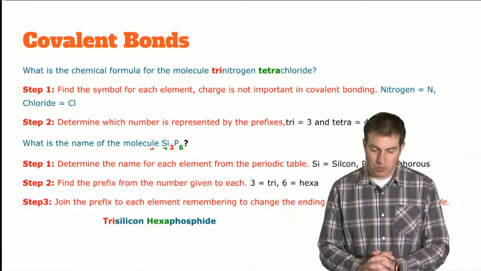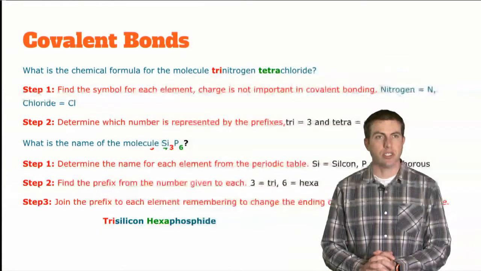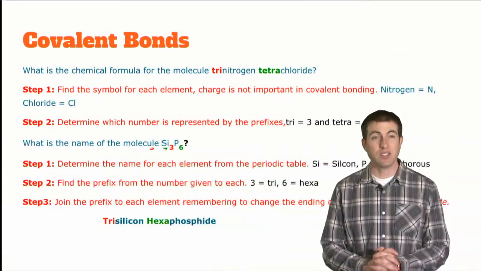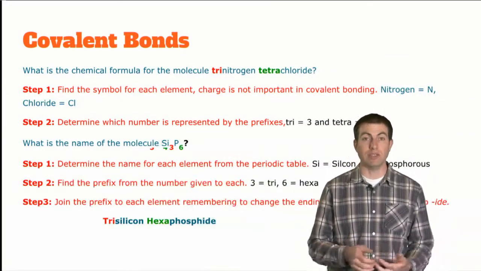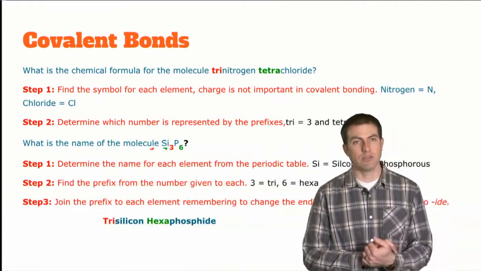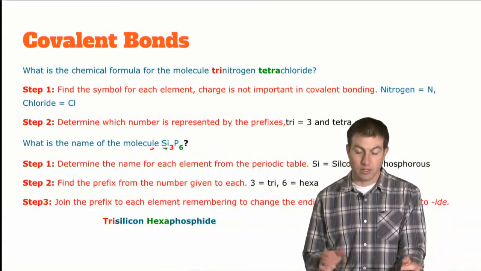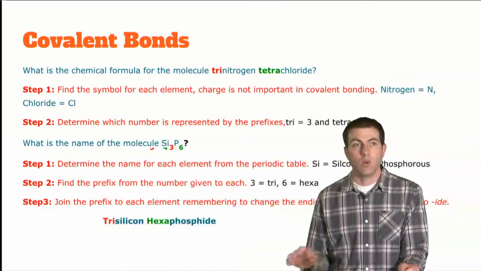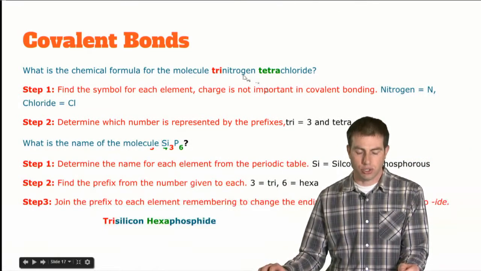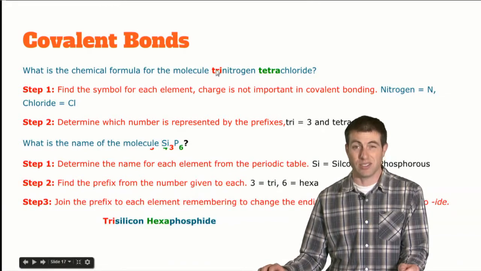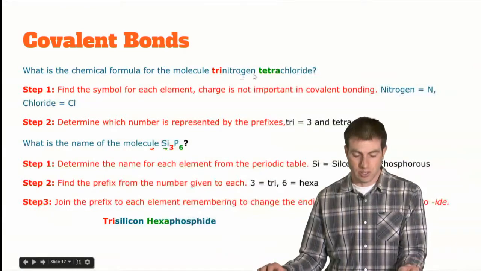What is the chemical formula for the molecule trinitrogen tetrachloride? This is why covalent molecules are really easy, because I don't have to really look to the periodic table. If I can remember the symbol for nitrogen is N, chlorine is Cl. When I look at it, it says trinitrogen. So tri, like a tricycle, 3-wheeled bike, trinitrogen, 3 nitrogens.